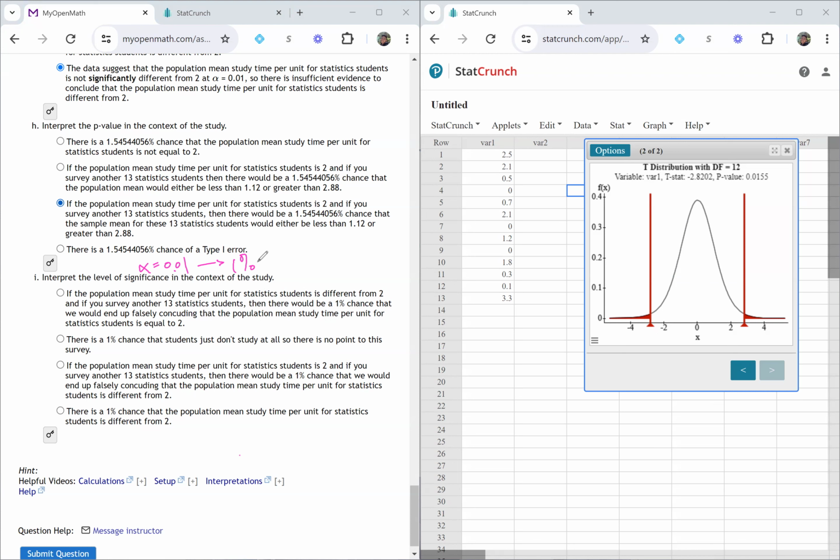We're looking at the word falsely here, and I think that's important. We are falsely concluding that the population mean study time is not equal to 2, but is actually different. So our last conclusion here is just going to be that third choice. I hope that was helpful. Let me know if you have any questions, and I will talk to you soon.